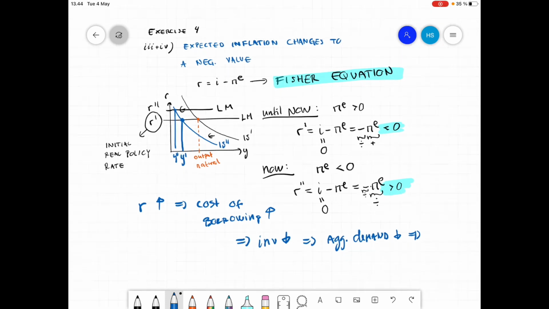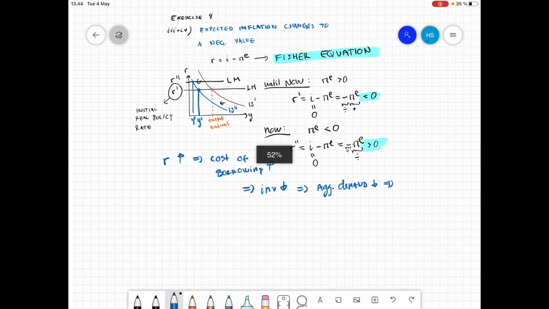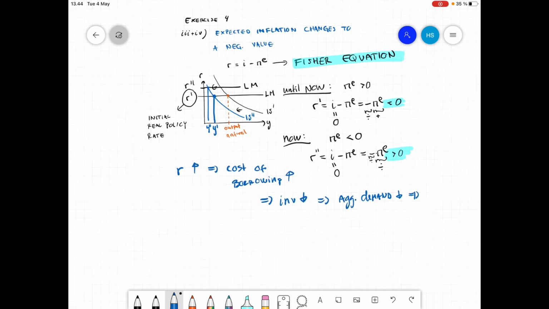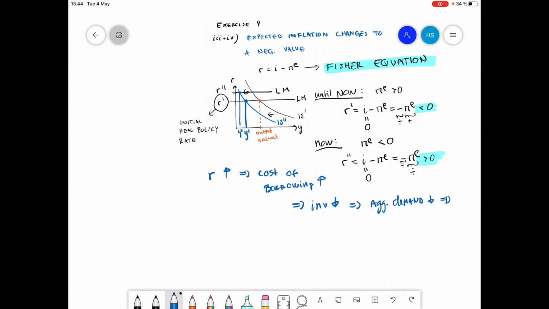So fiscal consolidation, what does it mean? We have to define fiscal consolidation. Well, it means that we have a government that aims at reducing the deficit while enhancing the GDP. So fiscal consolidation means that we have a government that aims at decreasing the government deficit.